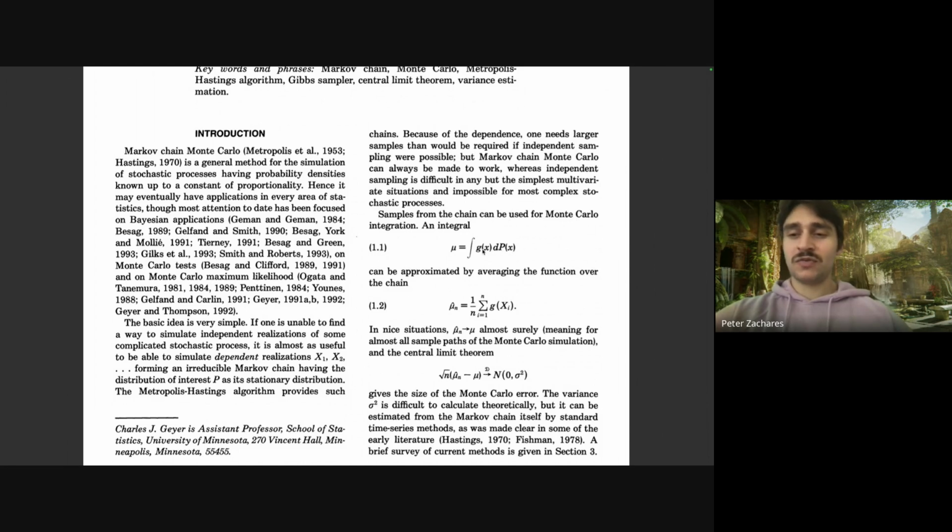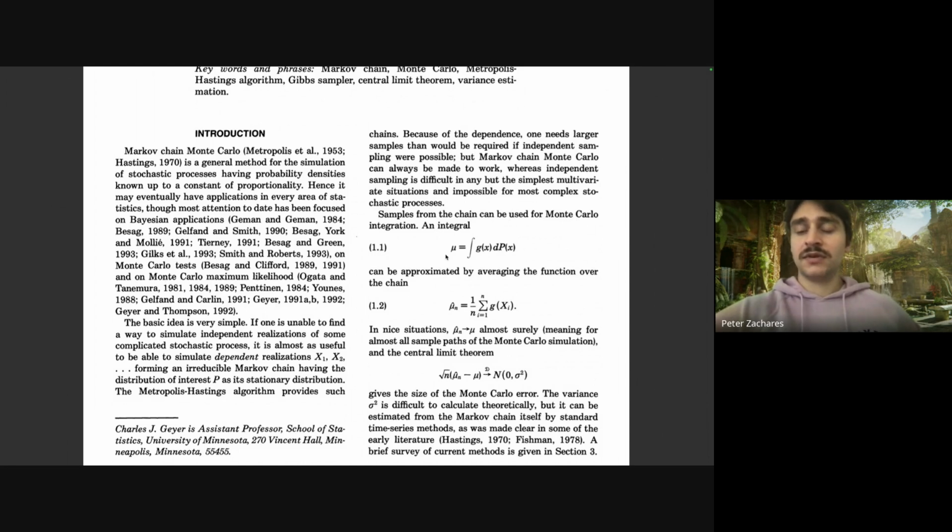So the distribution you're integrating over is the likelihood of rain, and the function would be: if it rains then I get wet, so it'd be 1 if it rains and 0 otherwise. But anyway, you want to calculate your expected value of some function with respect to a probability space by doing this integral.